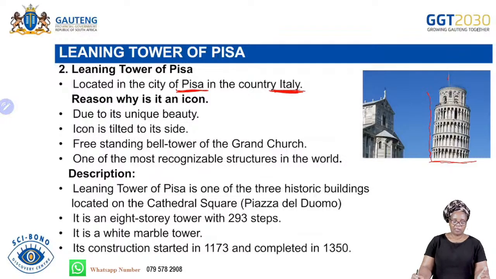So let's look at the description of this icon. It is one of the 3 historic buildings located on the Cathedral Square. Cathedral Square is also known as the Piazza del Duomo.